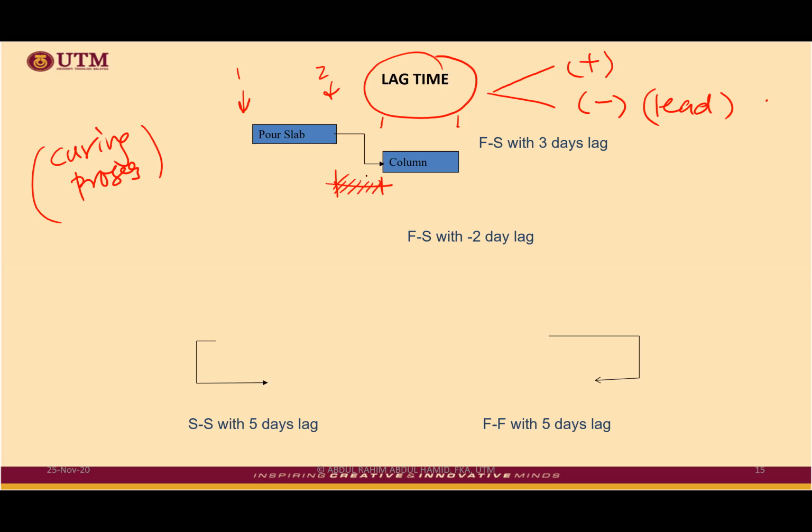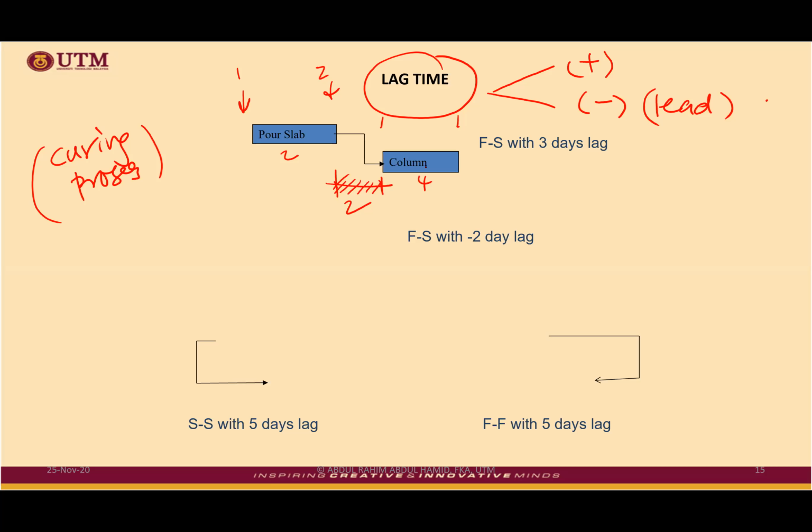So we want to indicate you cannot start erecting a column immediately. We need to wait for the floor to dry up by how many? Let's say 2 days, 2 or 3 days. So you notice, let's say this is 2 days, this column is 4 days.